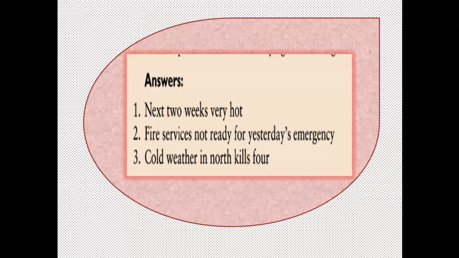Here we have the answers. We have some sentences. In newspaper headlines, the articles a and the, and the auxiliaries have and be, are usually omitted, usually left out. So in the first sentence, we have to delete these auxiliaries and articles.